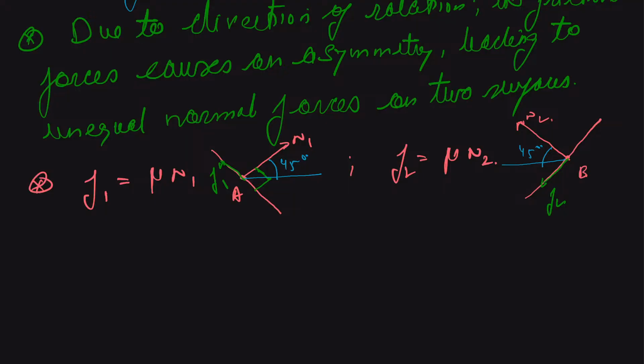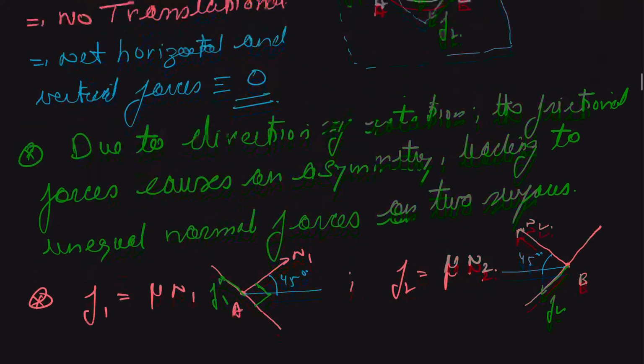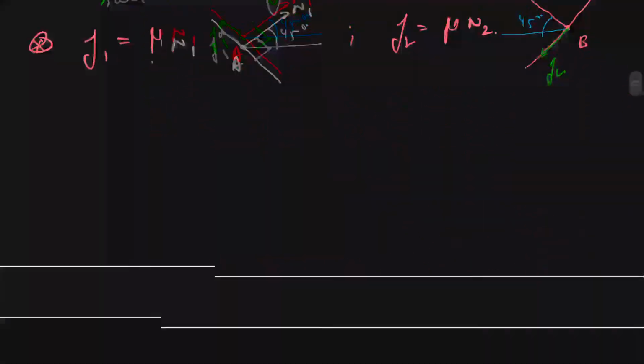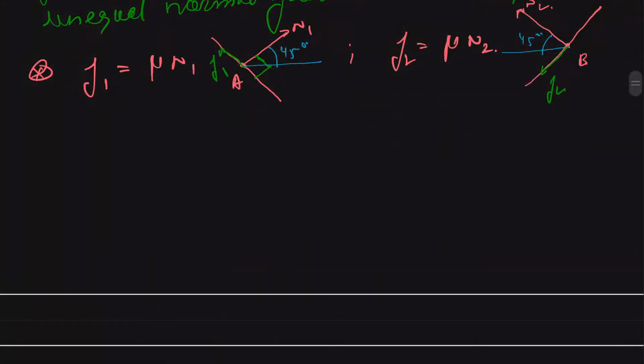Okay, so let's find out the equilibrium forces, because like I said, the forces will be in equilibrium in horizontal as well as in vertical. So let us analyze the force equilibrium.